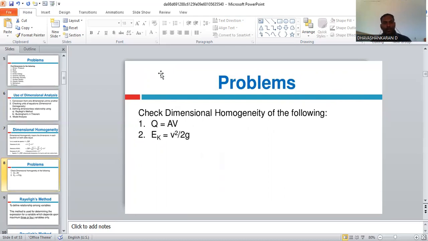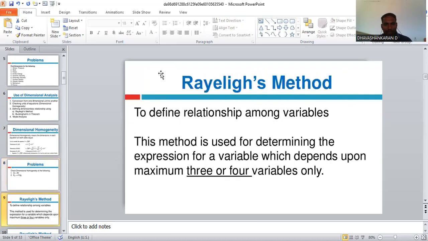The terms on the right-hand side and the left-hand side satisfy each other, so the first equation is also dimensionally homogeneous. In the same way, we have to move to the second one and find out whether it is dimensionally homogeneous or not.